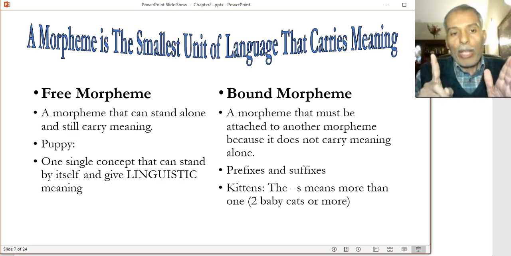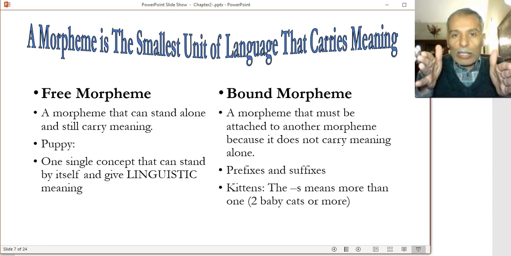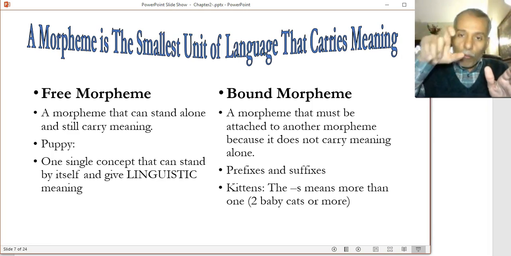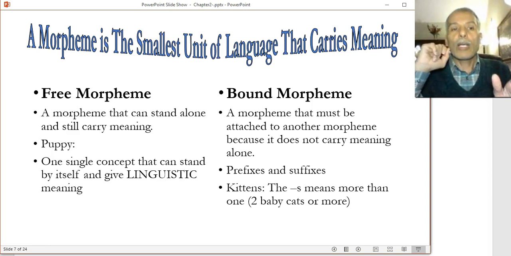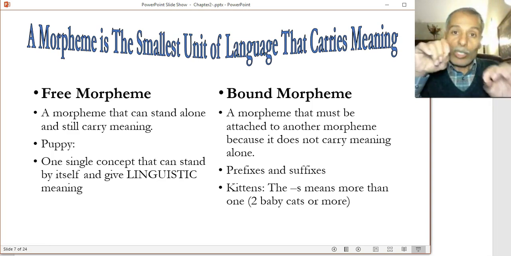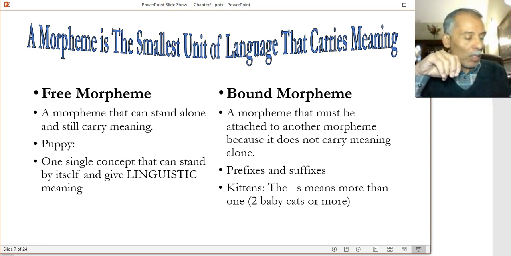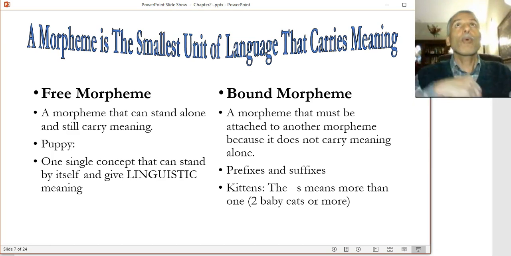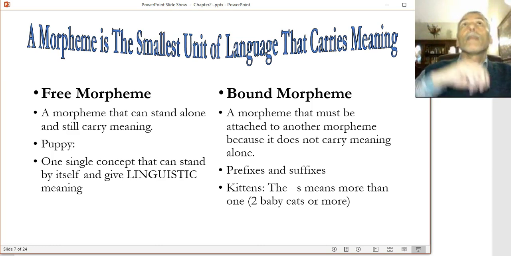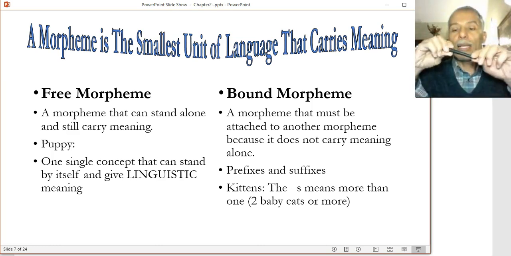One morpheme is the smallest meaningful unit of the language. When I say meaningful, it means linguistically meaningful. So if I say, for example, pen.